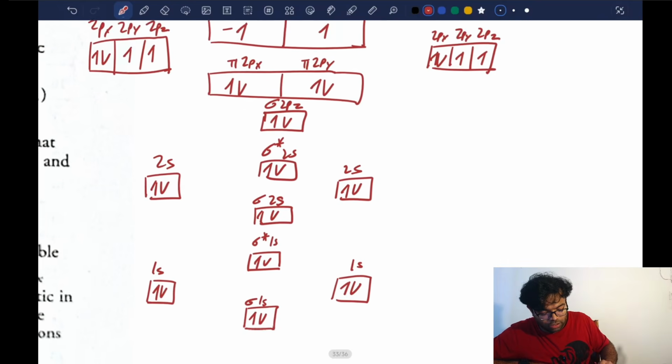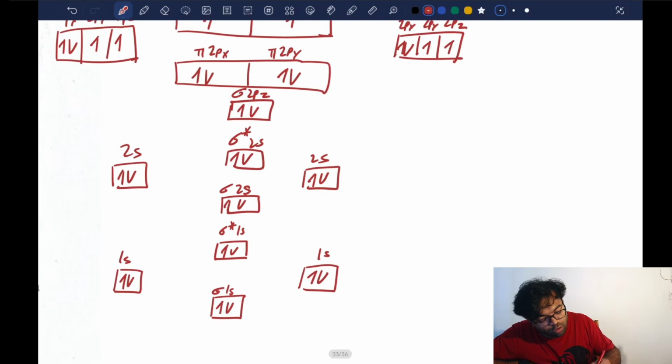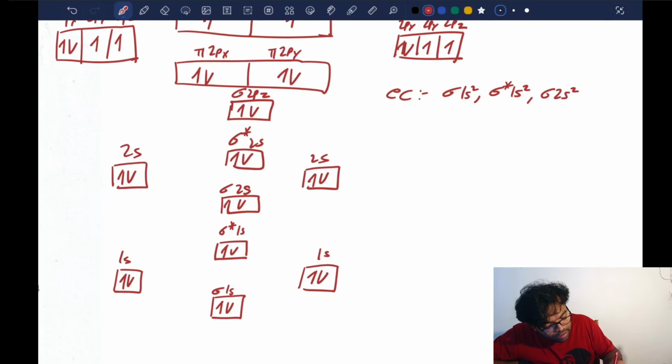Now this is how the arrangement goes. First things first, electronic configuration. What is it going to be? Sigma 1s2, sigma star 1s2, sigma 2s2, sigma star 2s2. Then sigma 2pz2.